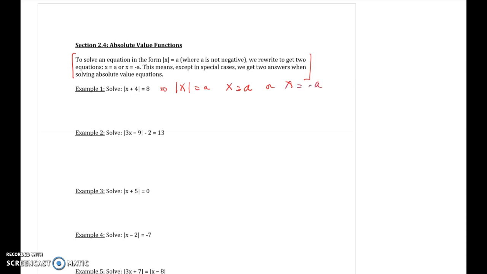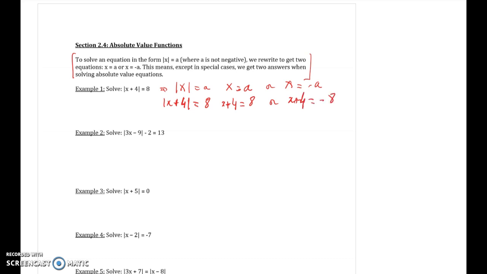Therefore, x plus 4 equals 8, or x plus 4 equals negative 8.